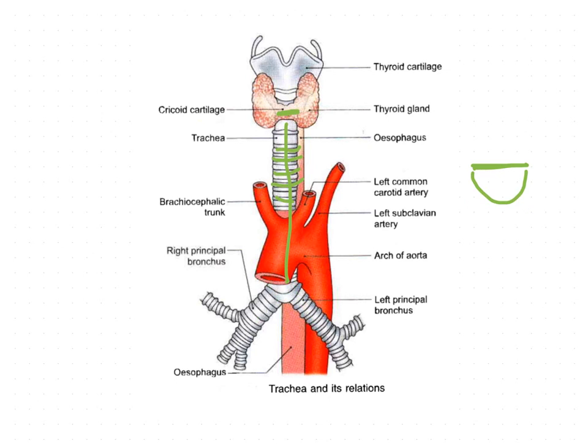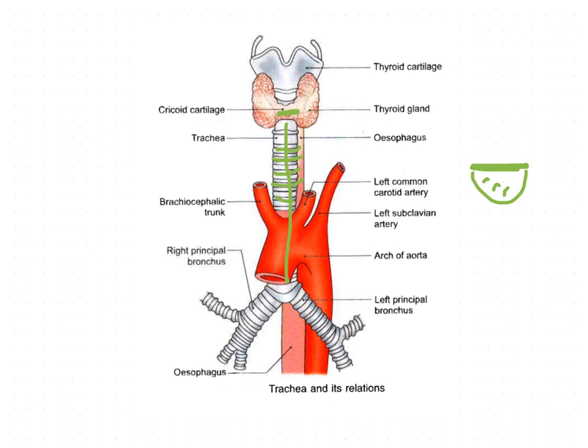There is a gap which is closed by a fibroelastic membrane and contains transversely arranged smooth muscle, which is called the trachealis muscle. The lumen is lined by ciliated columnar epithelium and contains many mucous and serous glands. So this is about the structure of the trachea.